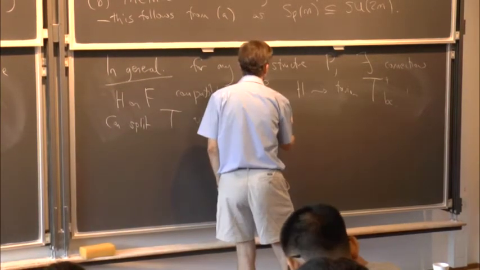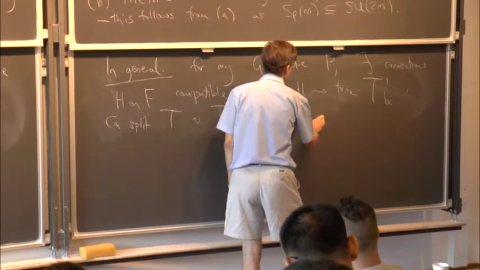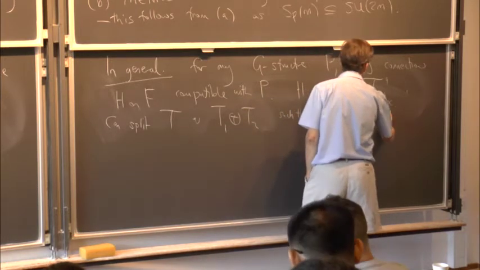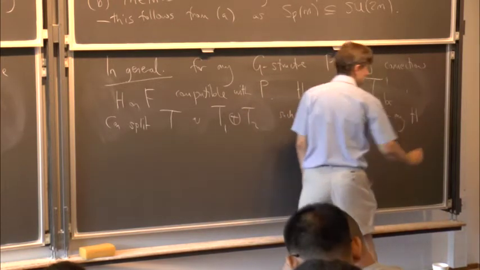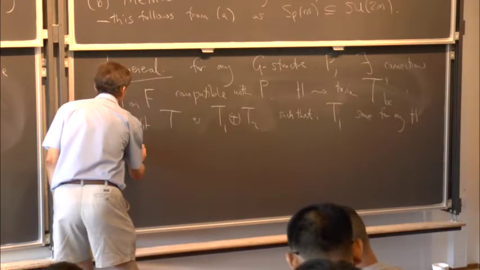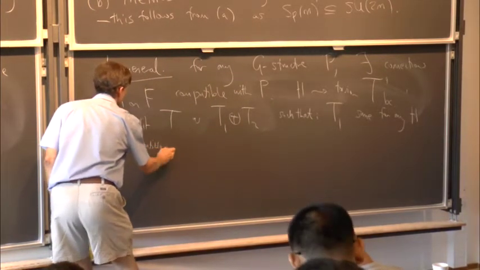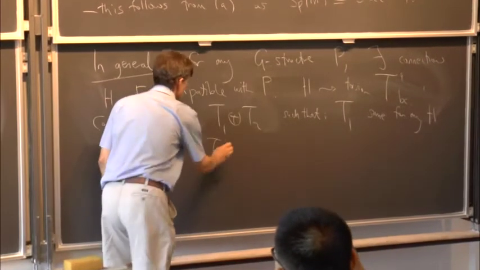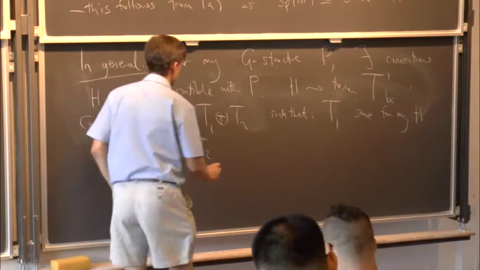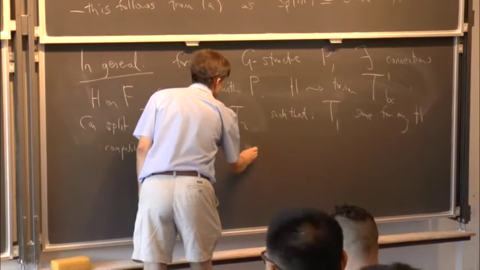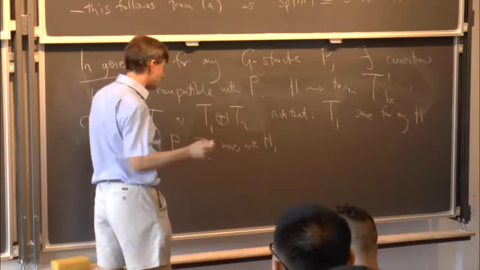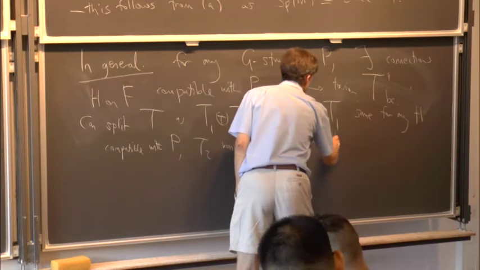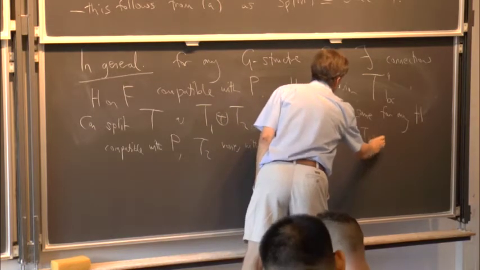such that basically T1 is the same for any H compatible with P and T2 varies with H, and we can in fact choose H such that T2 equals 0.